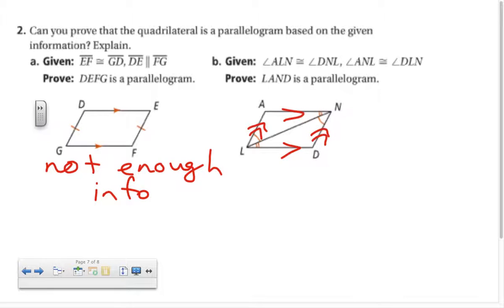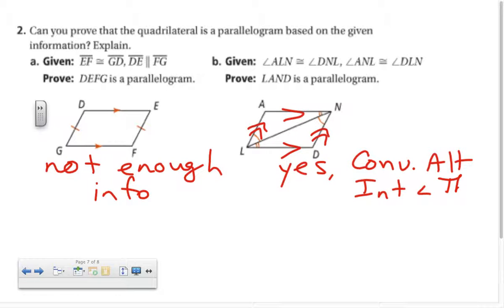So you could, as far as a reason here, say yes, this is a parallelogram. If we wanted to be as thorough as possible, we would say the converse of the alternate interior angle theorem, which tells us that the lines are parallel, and then that makes this a parallelogram just by definition of a parallelogram.